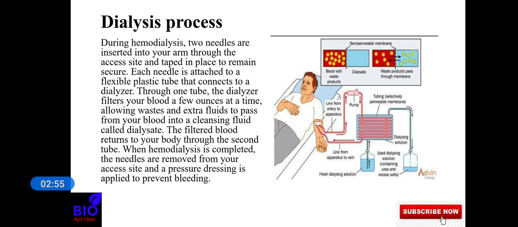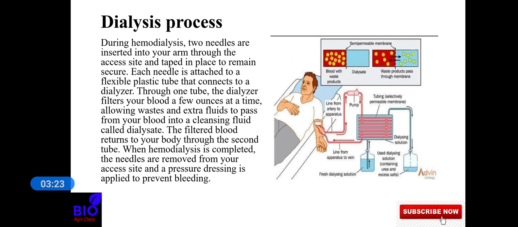So here is the process of dialysis, and as I said, in this topic we will only discuss hemodialysis. We are not going to discuss peritoneal dialysis here. You can see the process in a diagram that has been pinned on the screen.